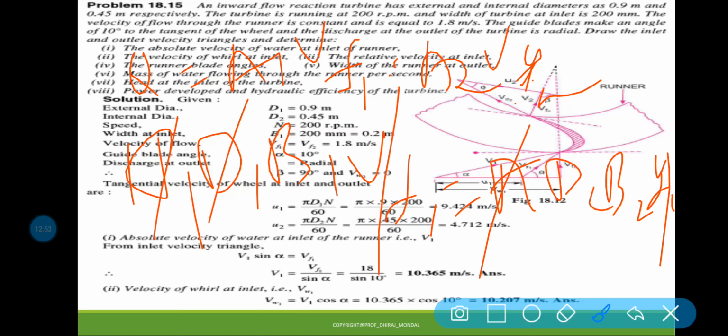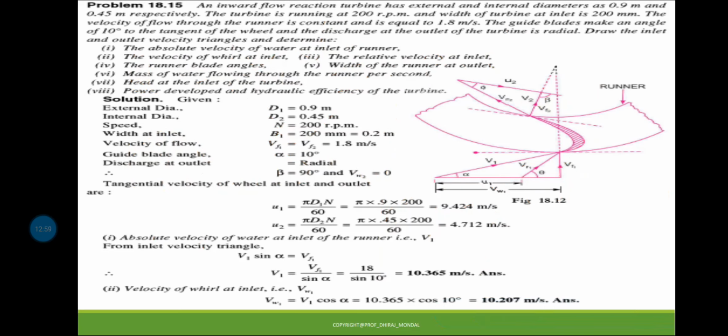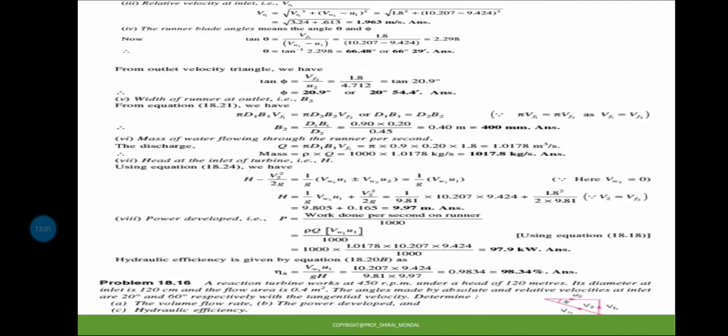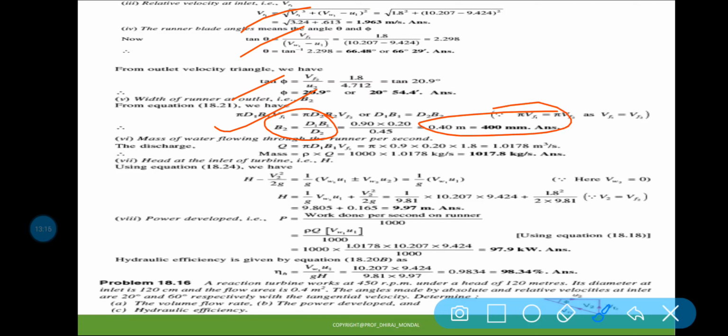So ultimately D1 you know, B1 you know, D2 you know, you can find out B2. Clear? So from this equation you can see VR2, this is the equation, tan theta is this and phi is this. So ultimately B2 is your D1 into B1 by D2.